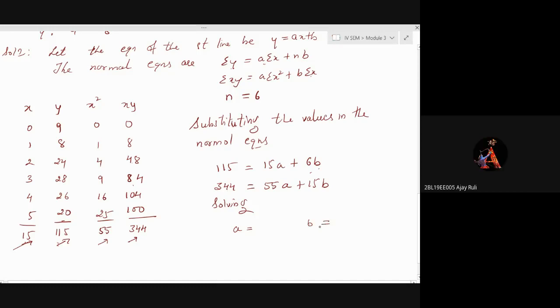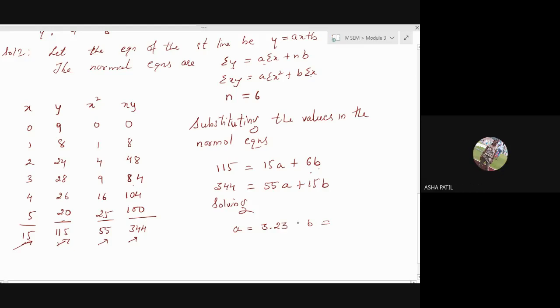Yes. A is 1.08. Check once again. Yes, ma'am. 3.22. 2 2 or 2 3? 2 3, ma'am. Yes.